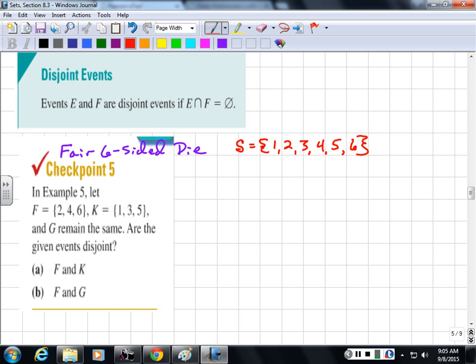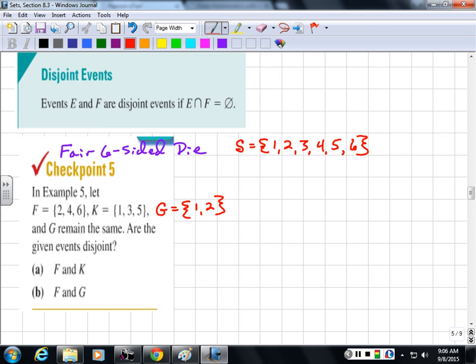All right. This one says G remains the same, which means that set G is equal to the following. So write that down. Are the given events disjoint? Are the events F and K disjoint?